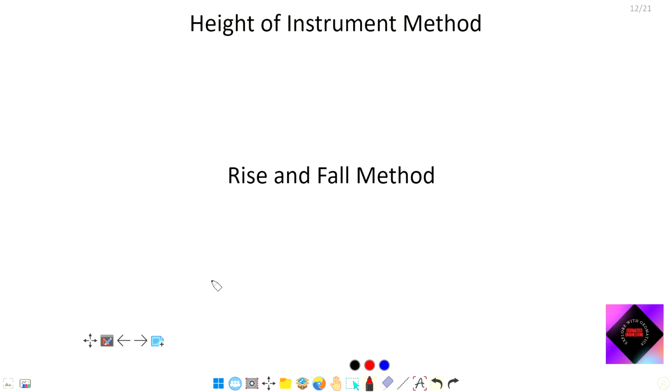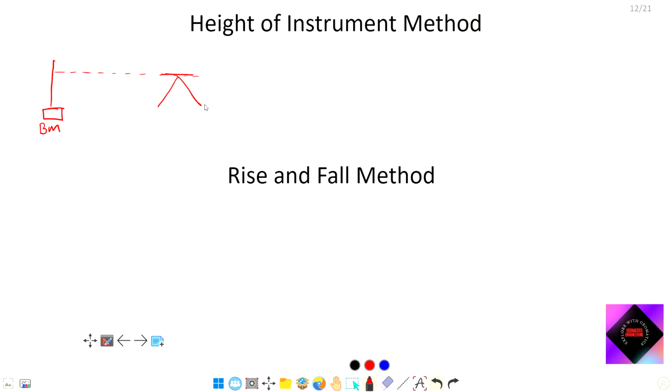So how we do it? In height of instrument method, with help of benchmark, we set up the height of line of sight by taking backsight over the benchmark.